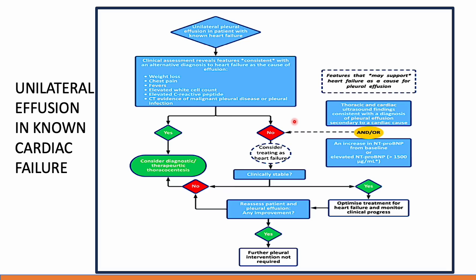Now, in a scenario where again there is no alternative diagnosis to this unilateral effusion, and features are supporting heart failure as a cause of effusion, you can do a thoracic ultrasound and you can do a cardiac echo, and again try to ascertain if there are findings suggestive of a cardiac cause of the effusion.